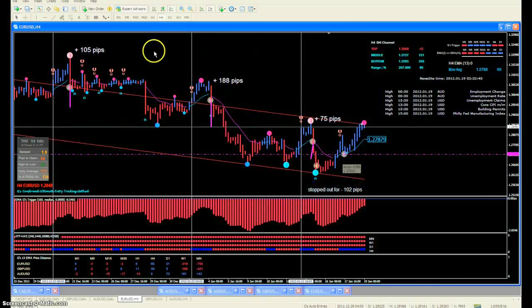pips. So you can have an idea of how profitable the method is, in spite of times where we do get stopped out, which is usually only when the daily is transitioning, which was the case today.